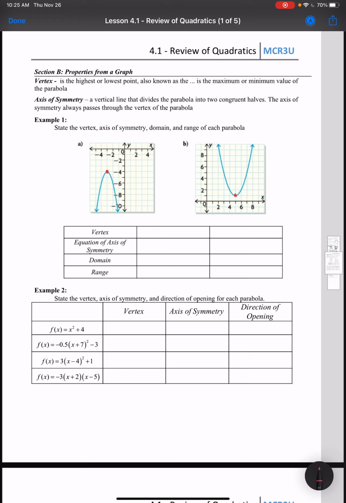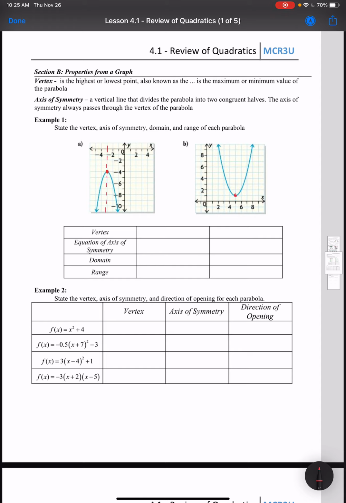All right, the axis of symmetry, that's basically a vertical line that you can imagine that splits the parabola in half, and those two halves are basically identical. If you were to reflect the parabola over that axis, you'd get the other half of the parabola. And that's what we mean by congruent.